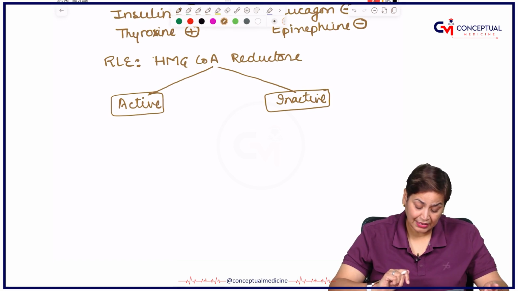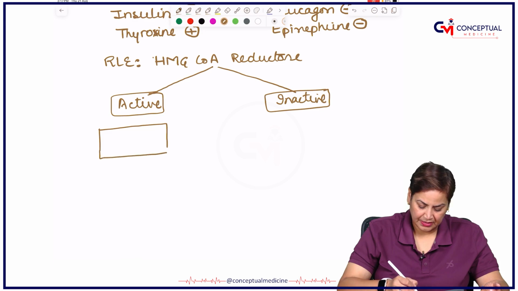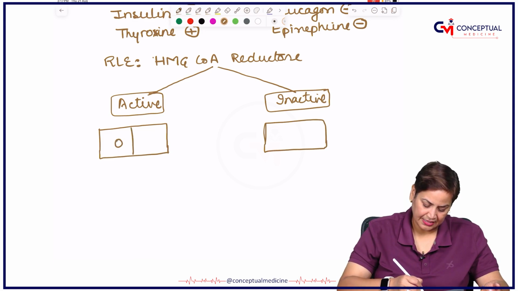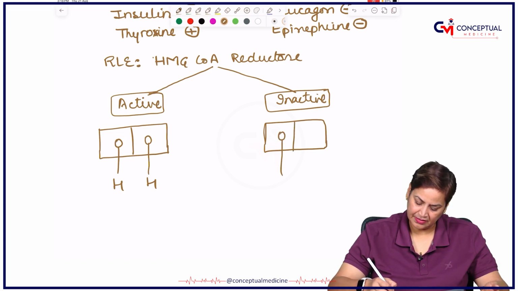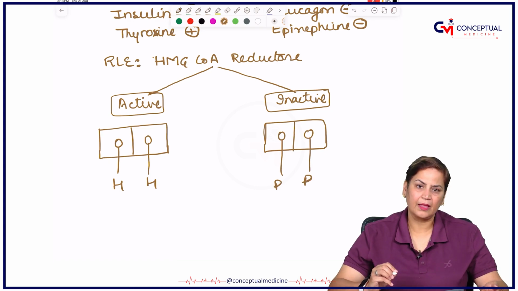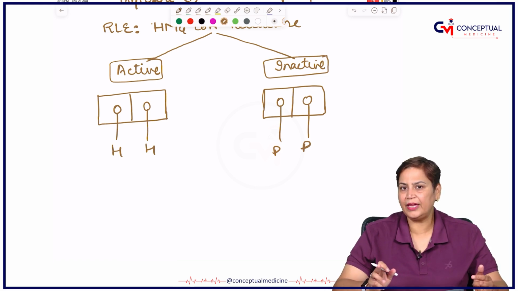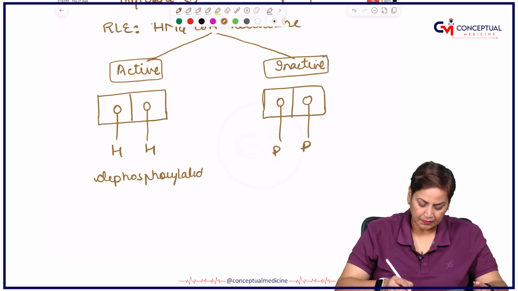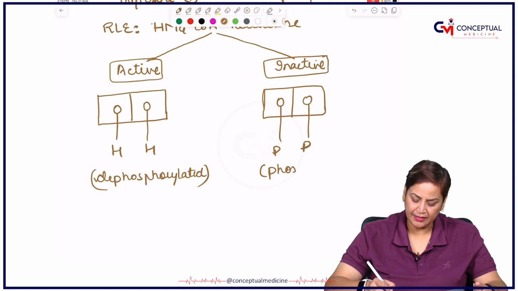Right. Now see, this is the structure of active and inactive. You can see that it is having OH at the active site, and this is having OP. So I can say that the active form of HMG-CoA reductase is dephosphorylated, and the inactive form is phosphorylated.